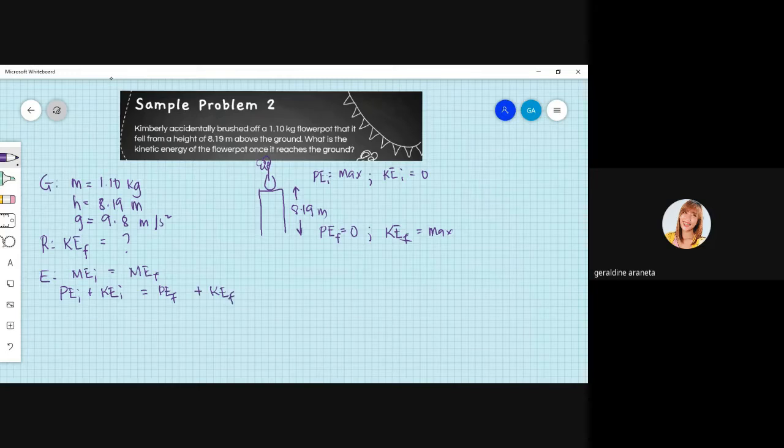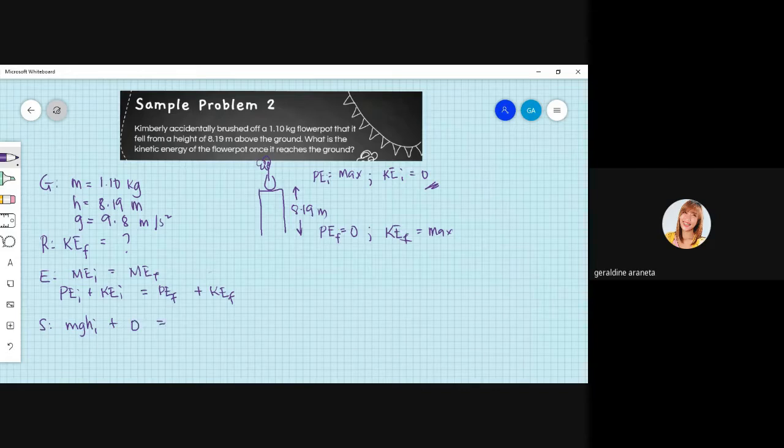So equation natin will be law of conservation of energy. That will be the initial mechanical energy must be equal to the final mechanical energy after the process. So that will be PEI plus KEI equals PEF plus KEF. Alright? Then that's the time we can substitute. So PE can be written as MGHI plus KEI, that is 0. Remember, ang initial kinetic energy natin nung nasa taas yung pot ay 0. So we will write 0 here. Equals PEF.